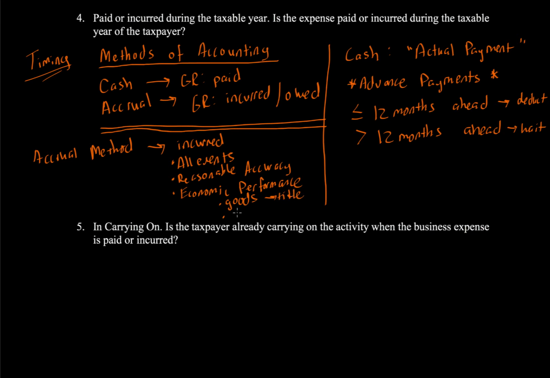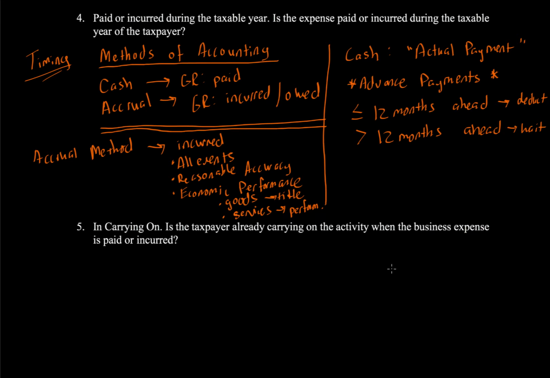And for services, it's when services have been performed with respect to the contract with regard to that actual payment, and whether you now have to pay for those services. So it's all about performance for services. So that really ends the discussion with regard to the paid or incurred, the method of accounting issue.